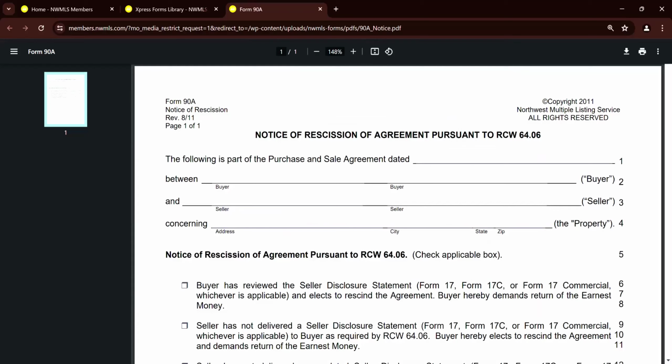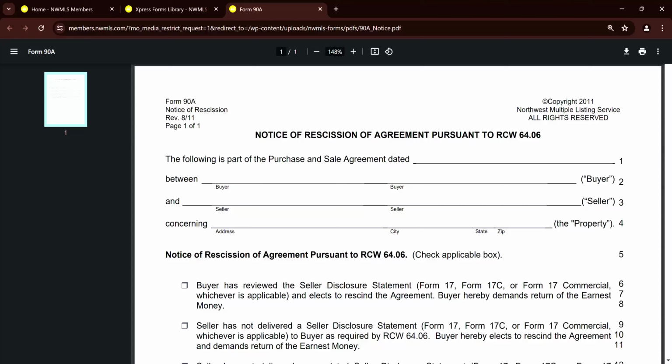That's a big one that catches a lot of brokers with their hands in the cookie jar. They think that, like pretty much every single thing in our contracts, the timelines usually begin upon mutual acceptance. This is definitely one of the ones that it is from receipt.